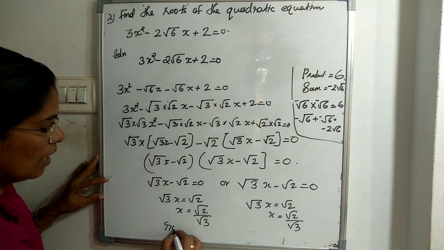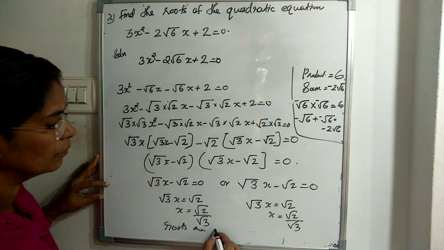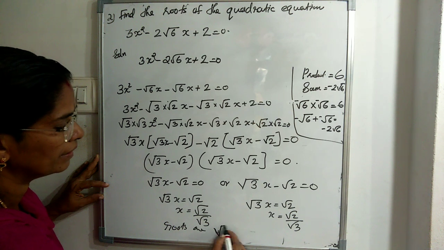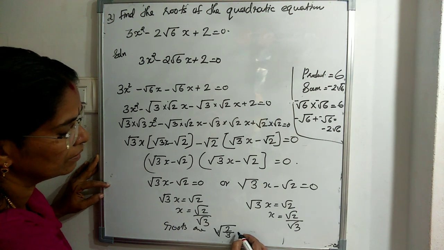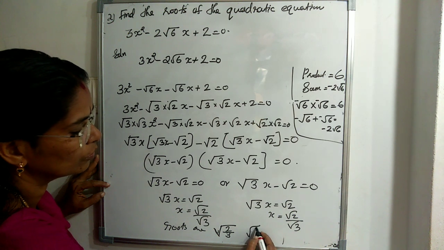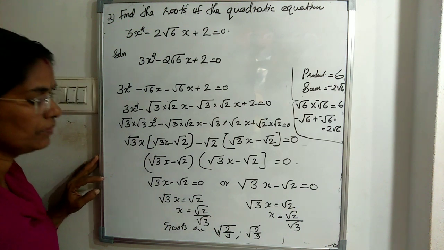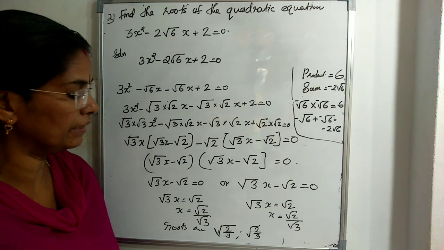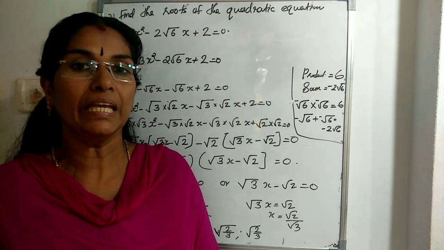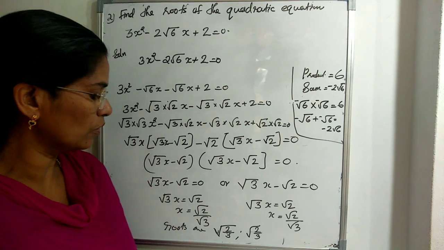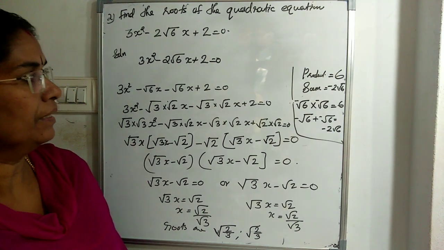So the roots are both the same, or we can write it as √(2/3) and √(2/3). √2/√3 is equal to √(2/3). So we got two equal roots, that is √(2/3).